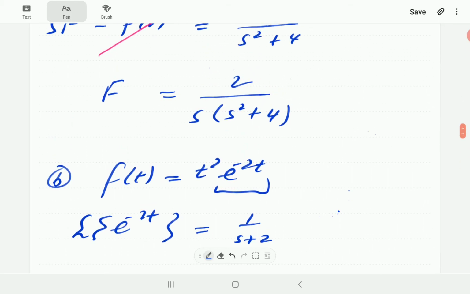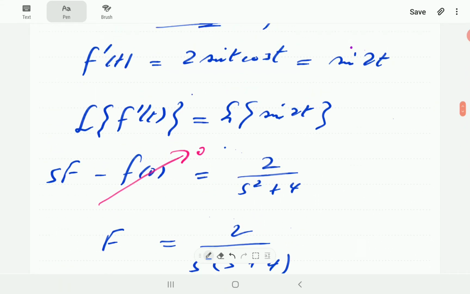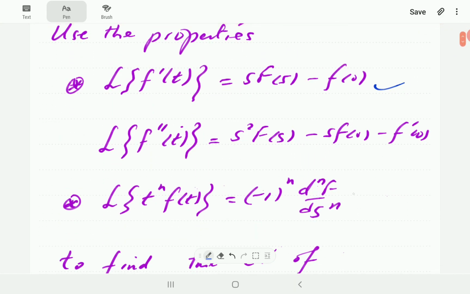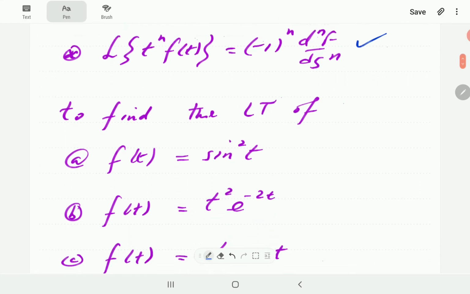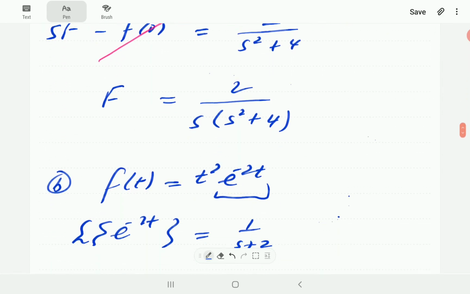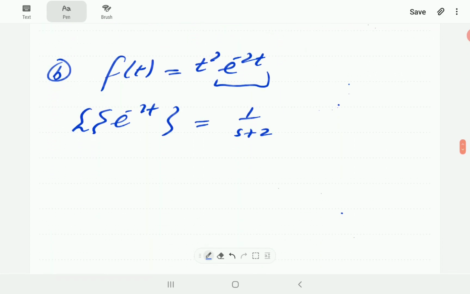So for the Laplace transform of t squared times that, we can use this property here. So our f of t, if you like, is going to be e to the minus 2t.